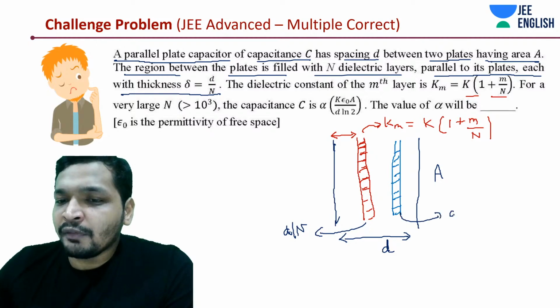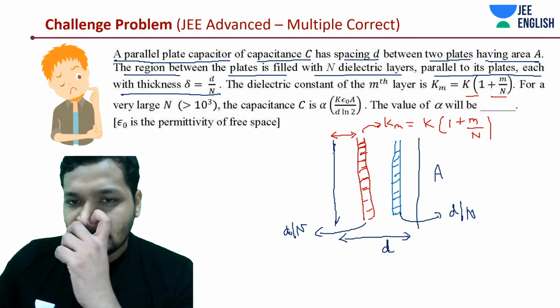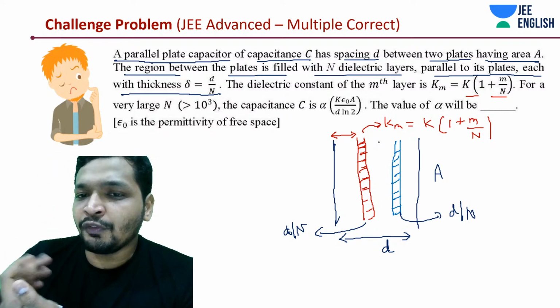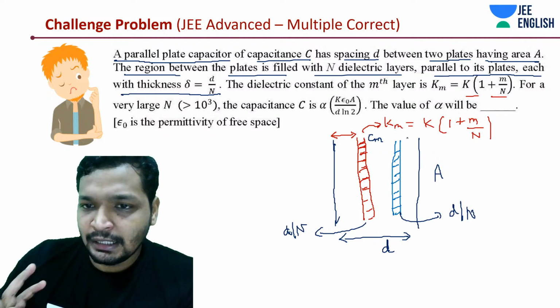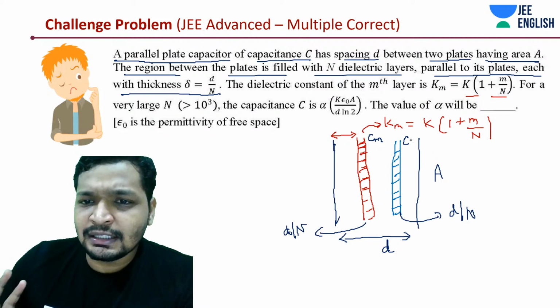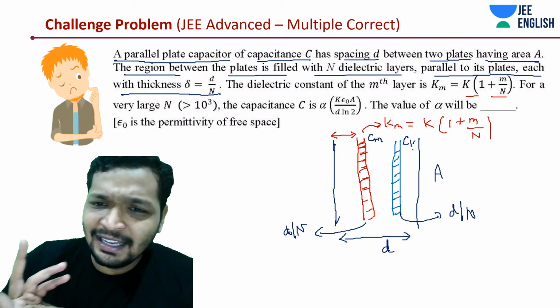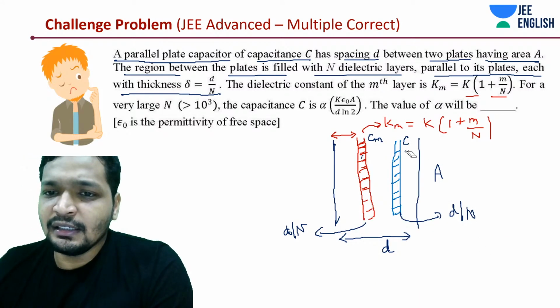Each one of them has a different capacitance. I call the first layer capacitance C1, and so on up to Cm, and this one CL, something like that.